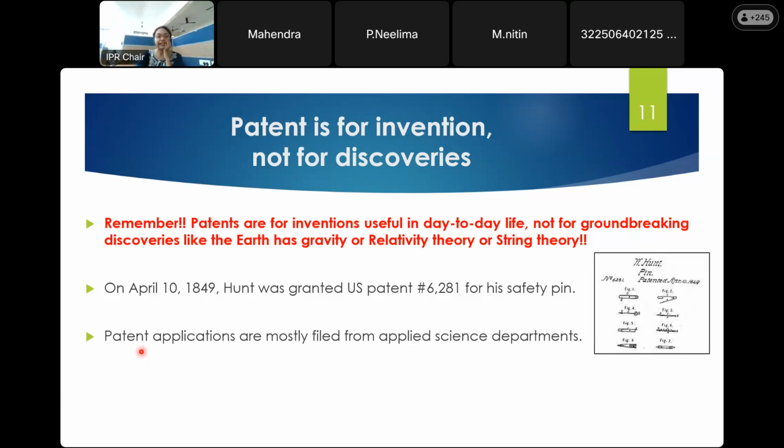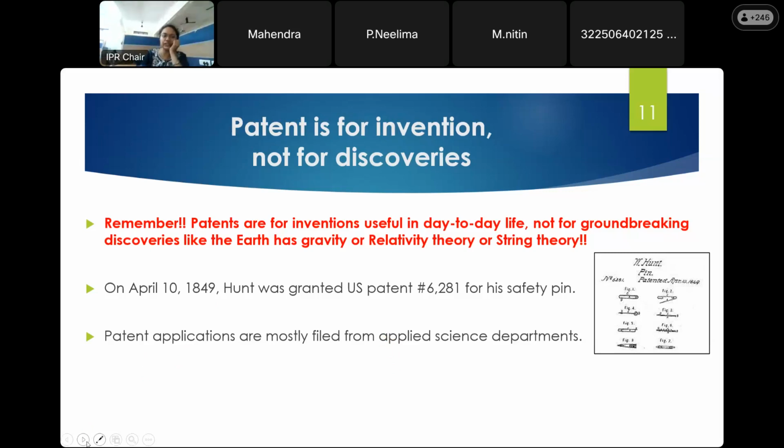Okay. So generally, patent applications are mostly filed from applied science departments, not from pure science departments. Okay, this is just a regular line. This is not pure science. Also, if they find some application in day-to-day life, they can also file a patent application. Applied science, applied physics means basically engineering.